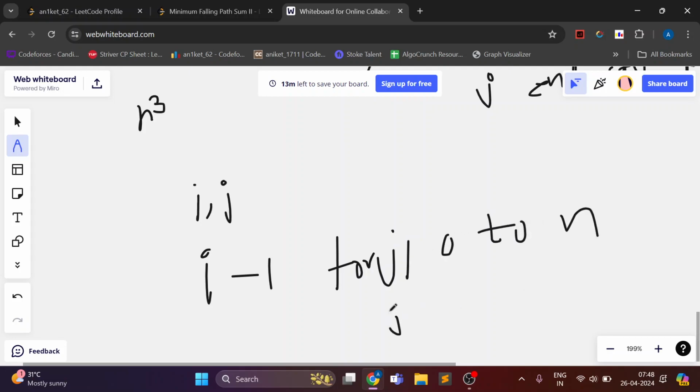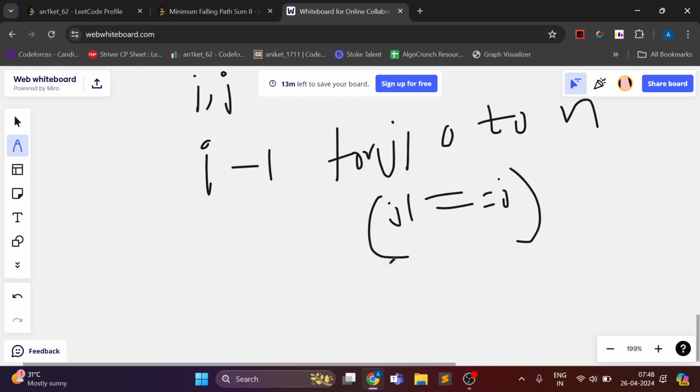But I cannot consider the condition where j1 equals j. So this condition I have to ignore, and for all others I have to take the minimum of the value stored in that dp vector.